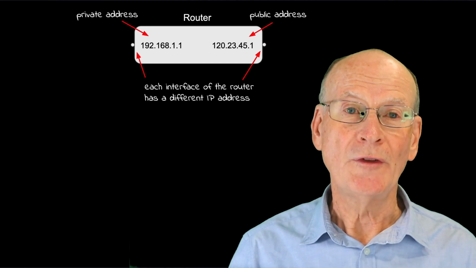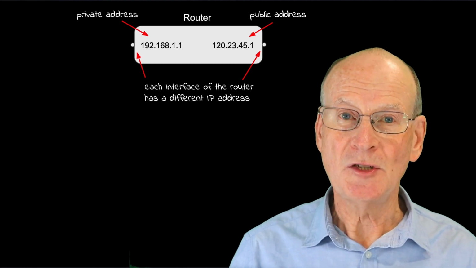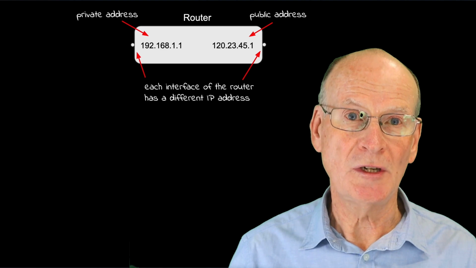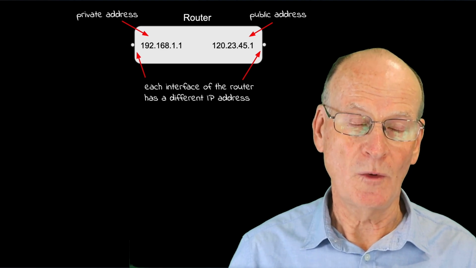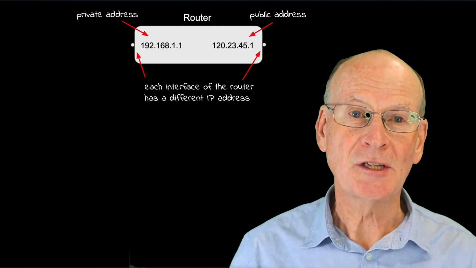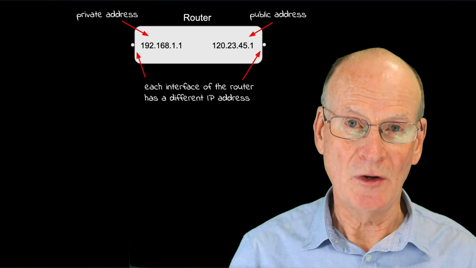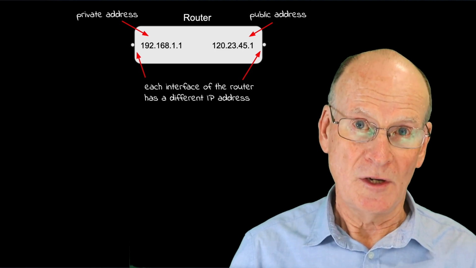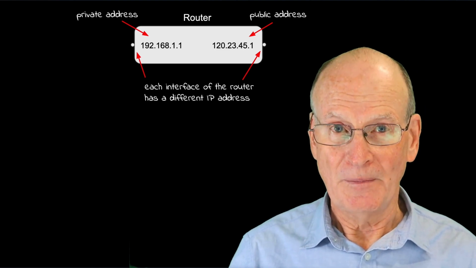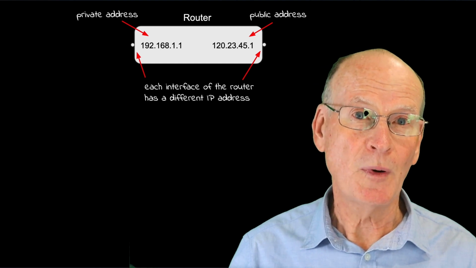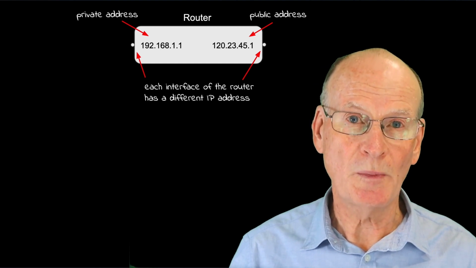And when a node on the local area network sends a message or creates a connection to a machine outside on the wide area network, the router translates the local area source address of the node to a wide area address of the router, and also translates the port number to a new unused port number.